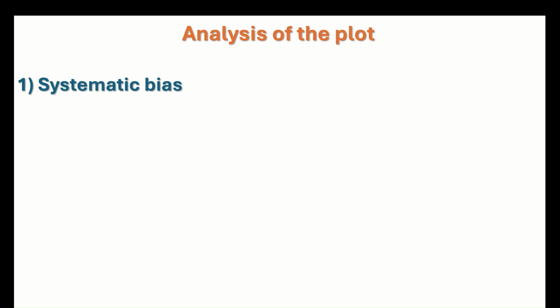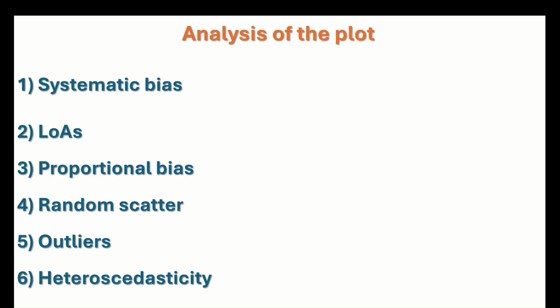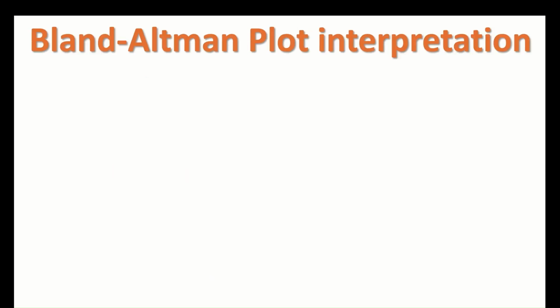When looking at the plot visually, we will check for systematic bias, look at the LOAs, look for proportional bias, look at whether the data are randomly scattered, check for outliers, and check whether there is constant variance across the scores.